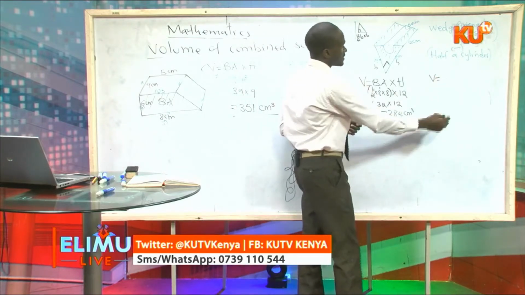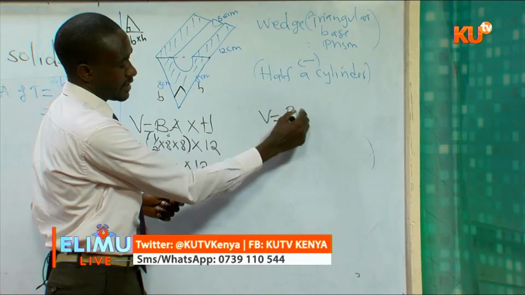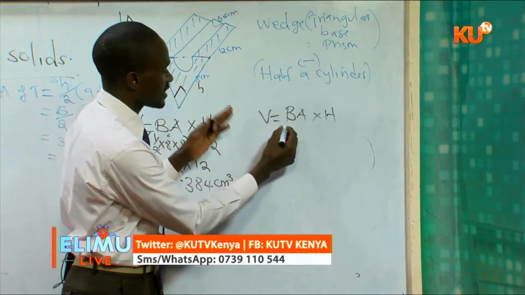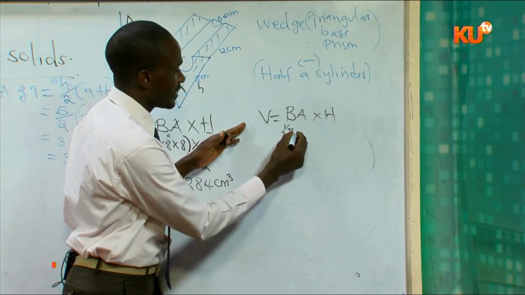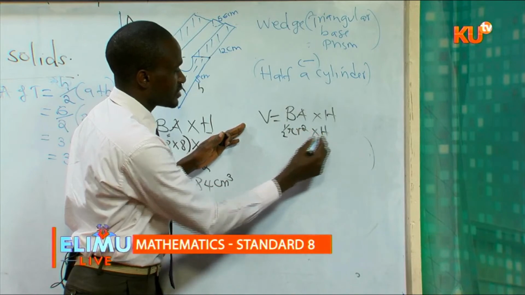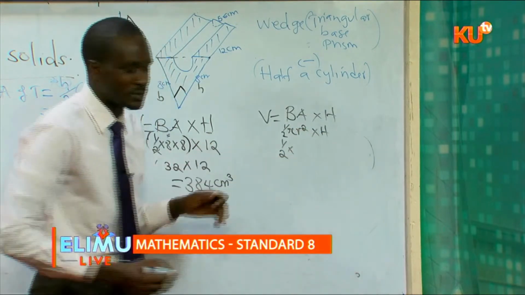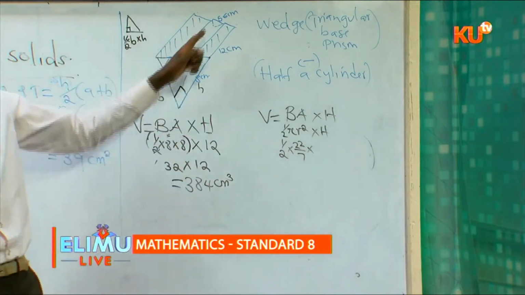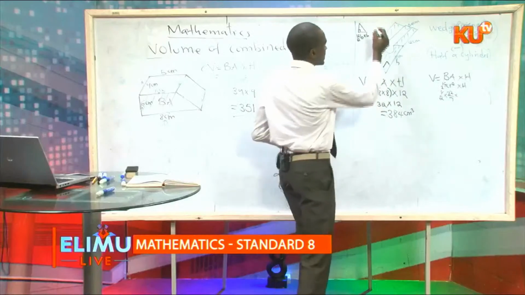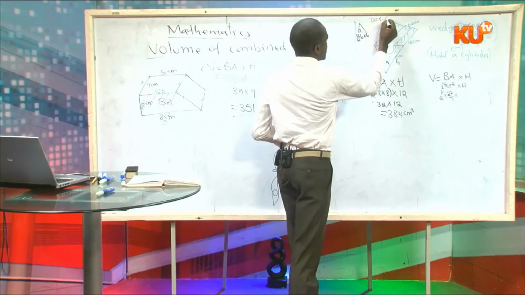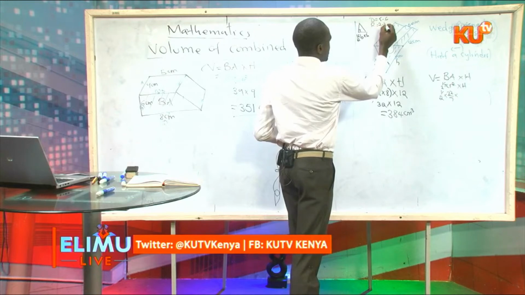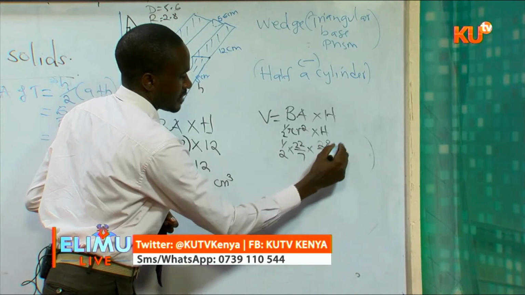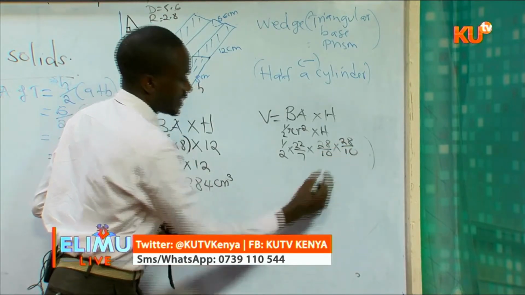Now find the volume of half a cylinder. We said base area times height, and its base area is half a circle, so half pi r square times h. So half times 22 over 7 times radius. Remember, 5.6 is diameter. So radius is 2.8. Now we'll say 28 over 10 times 28 over 10.